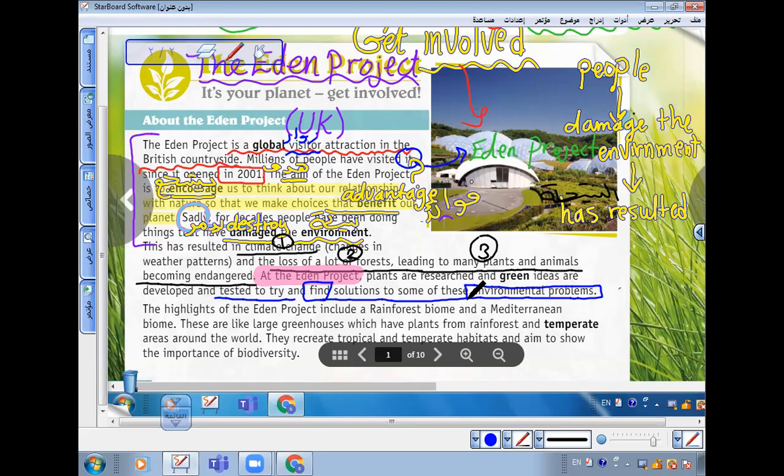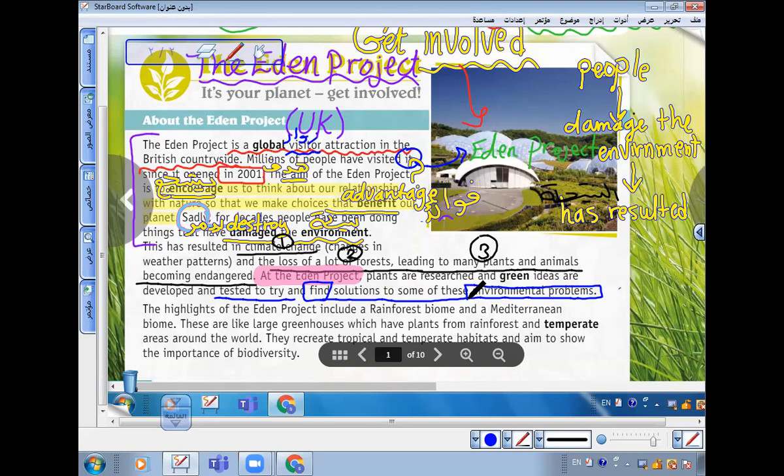Eden project, the United Kingdom government decided to build Eden project. قررت تبني مشروع عدن ليش؟ عشان يعملوا اختبار على النباتات in order to taste the plant to find حتى يوجدوا حل للمشاكل to the environmental problem.